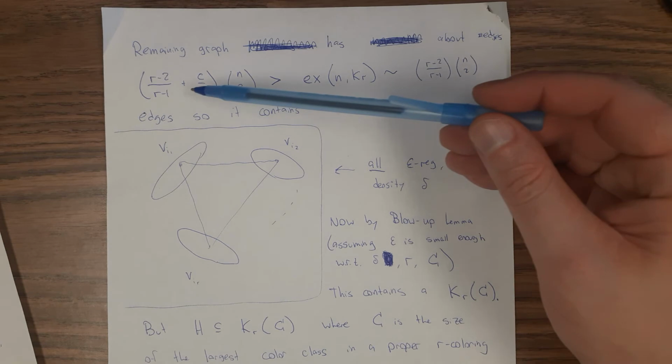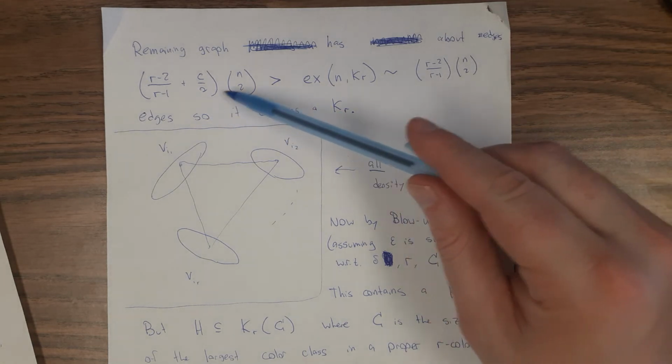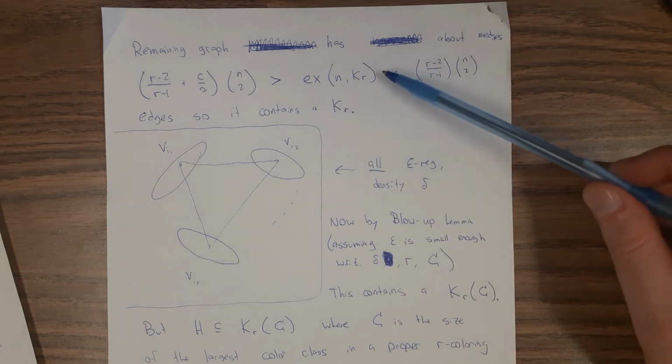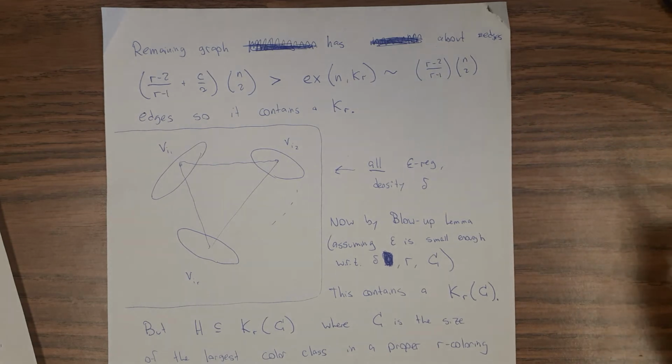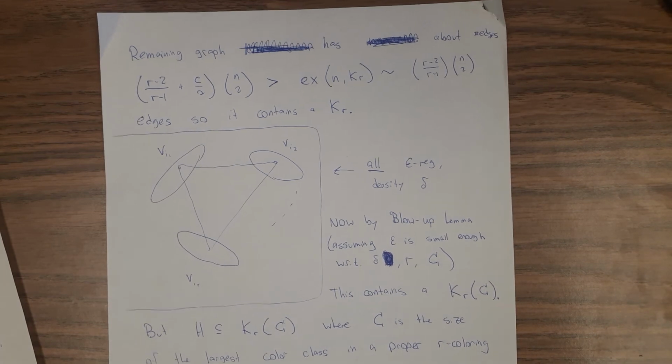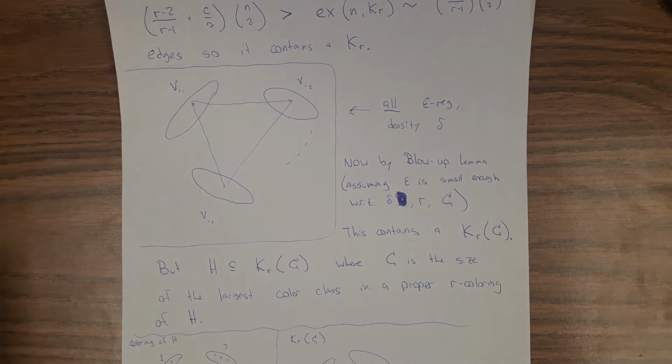That means that after deleting all of the edges that we deleted, we still have a K_r, because the number of edges that we have is larger than this, which is the largest number of edges you can possibly have without containing a K_r. So it must contain a K_r. And so right, this part of the proof has sort of paralleled the proof of the triangle removal lemma.